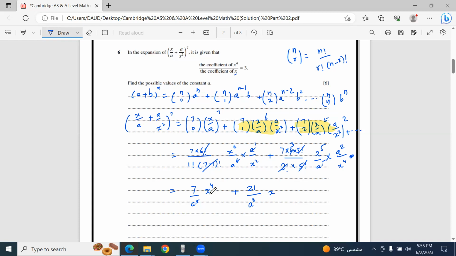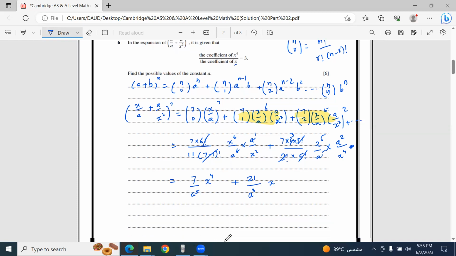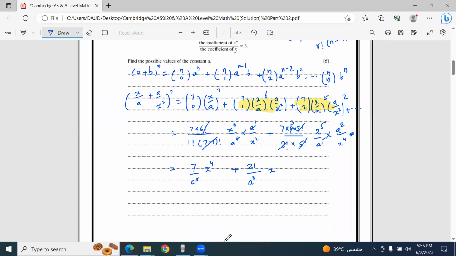So now you can see that the coefficient of x^4 is 7 over a^5, and the coefficient of x is 21 over a^3.